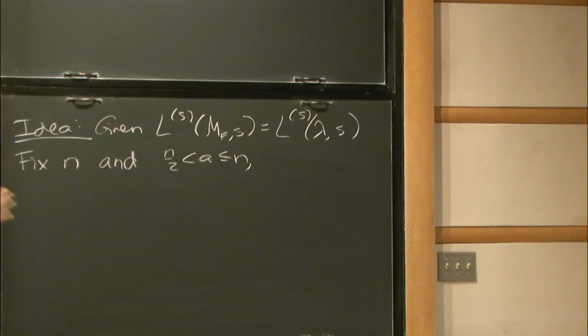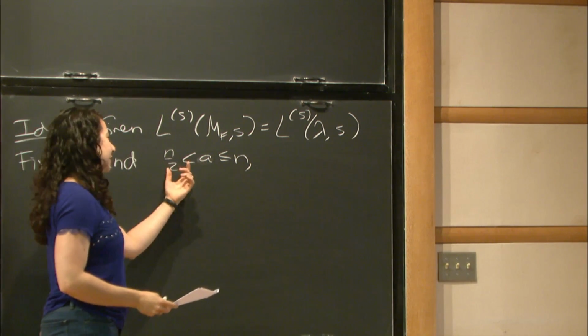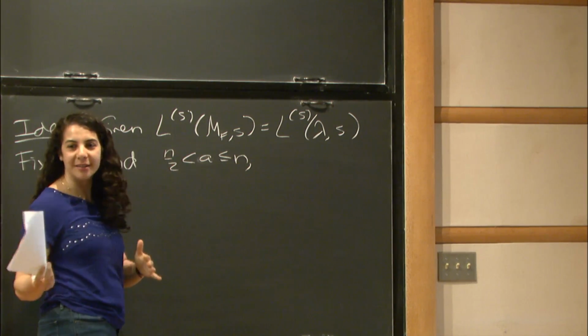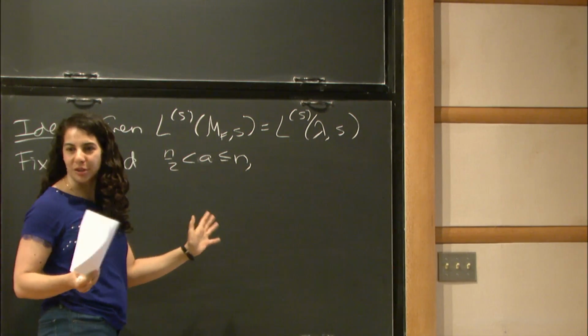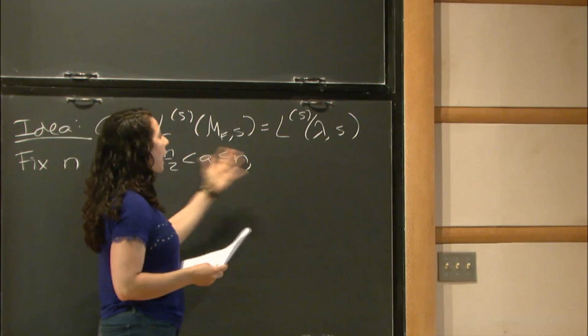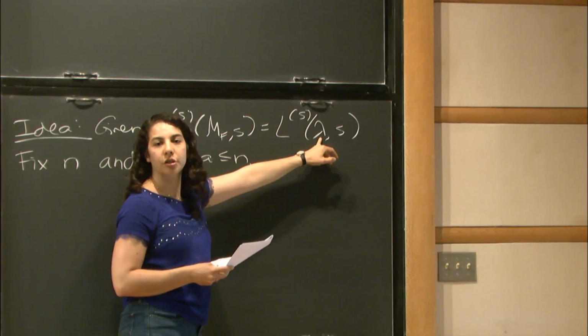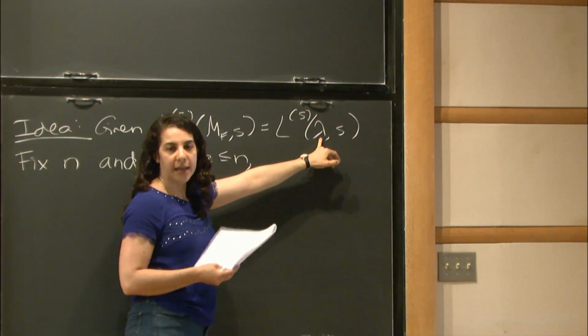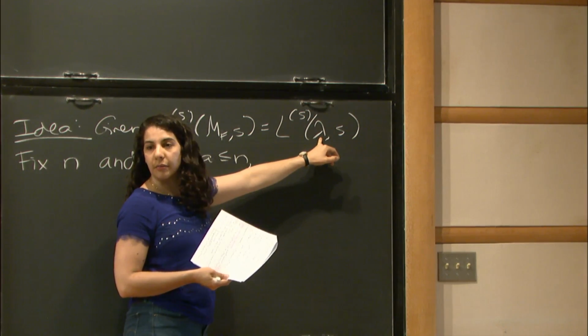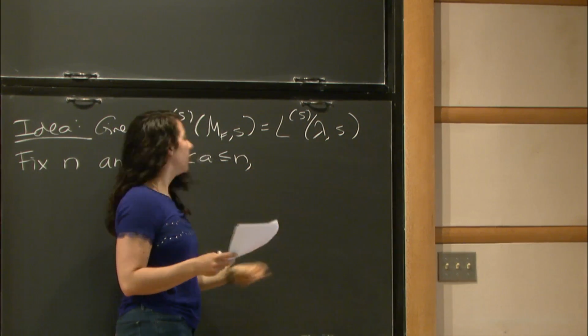But n can really be anything. a is just between n over 2 and n, but symmetrically, we could choose it to be between 0 and n over 2 just as well. So I'm going to fix two numbers. Well, what's the most obvious thing that you can do to alter this algebraic Hecke character? Well, you can take powers of it. You can complex conjugate it and take powers of that.